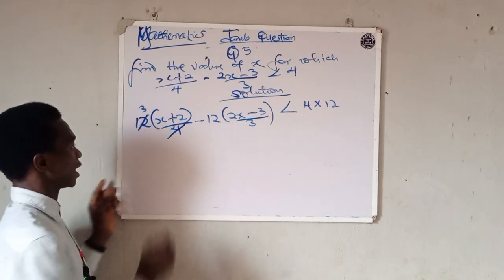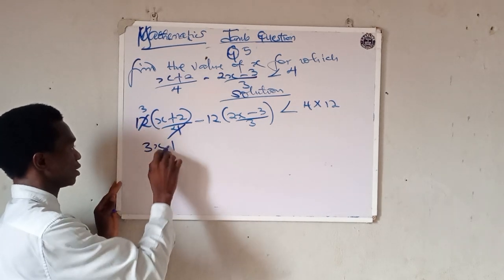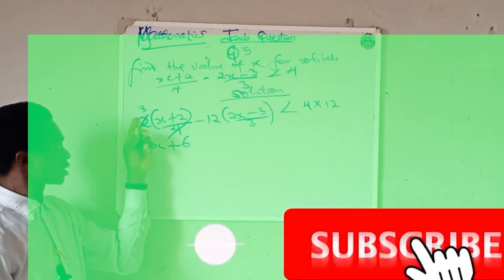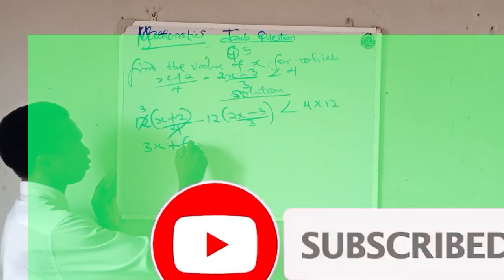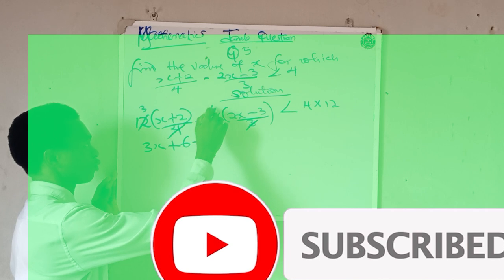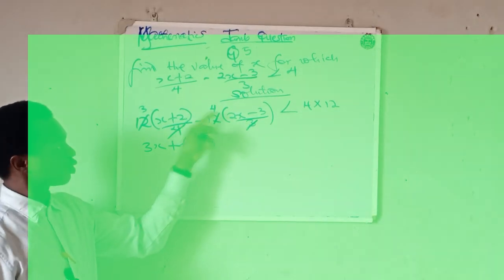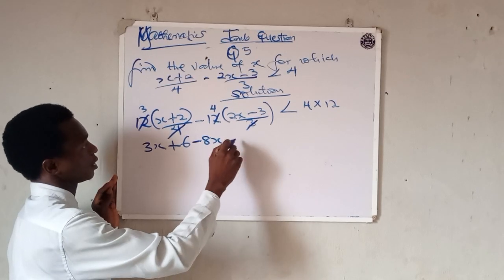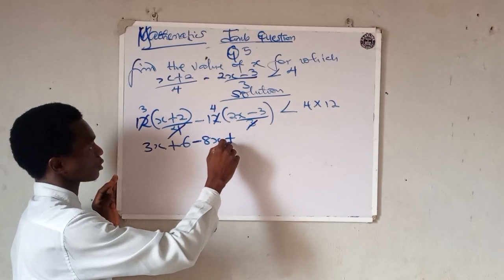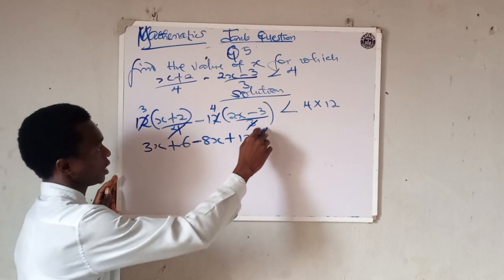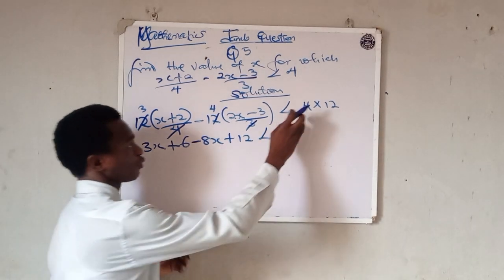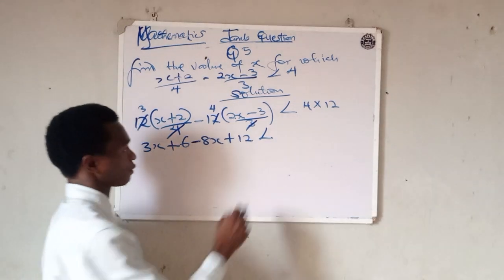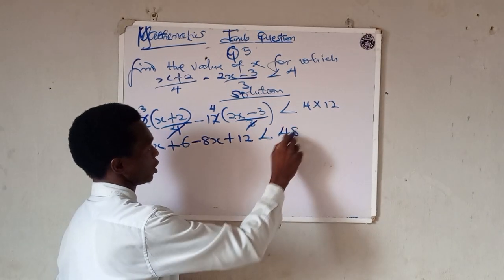So 3 times x gives you 3x plus 6, because 3 times 2 gives you 6. Minus 3 cancels here; 4 times. 4 times here gives you 8x. Minus becomes plus 12 is less than 4 times 12, of course, which is 48.